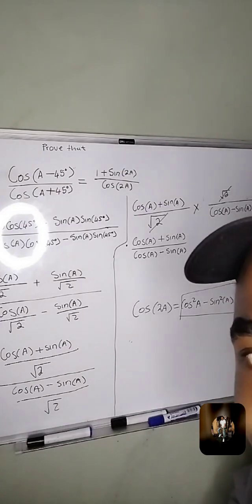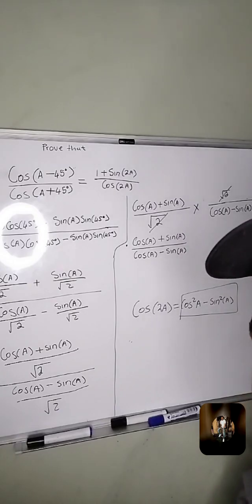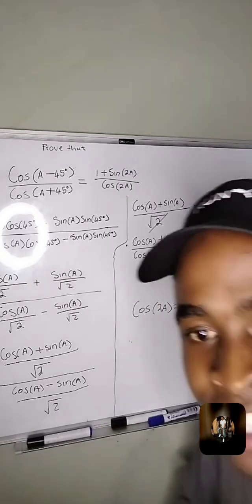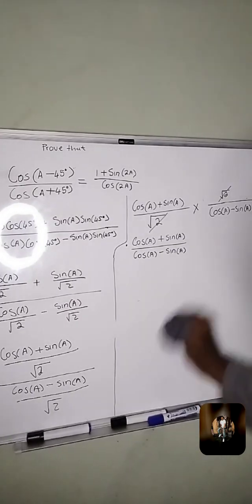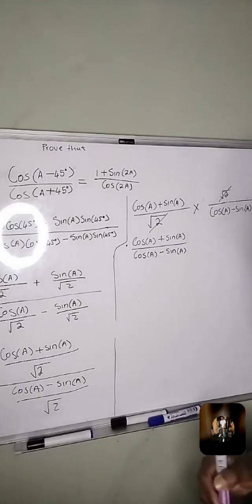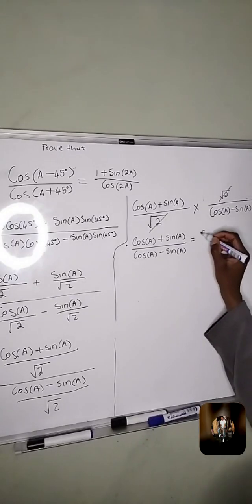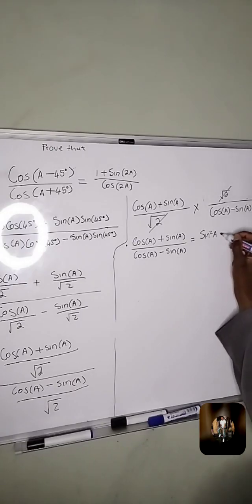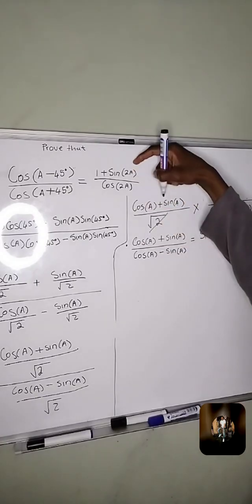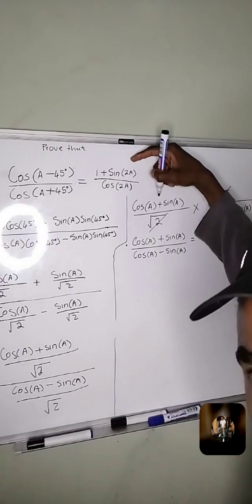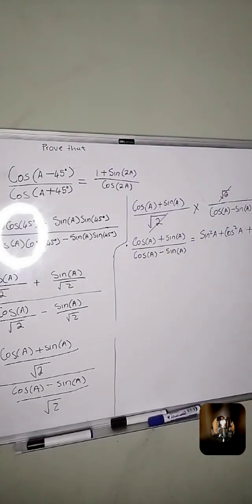We're going to change that to sine squared A plus cos squared A, its identity, and then the double angle identity for sine, which is 2 sine A cos A. Then we can find the factors for that one.